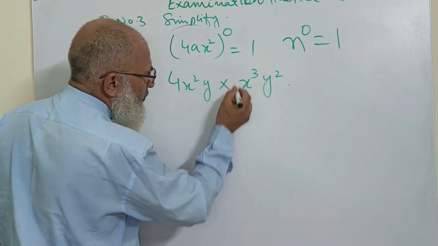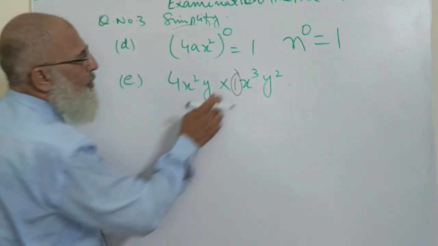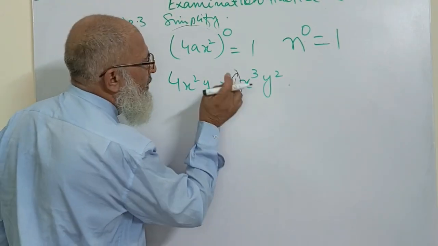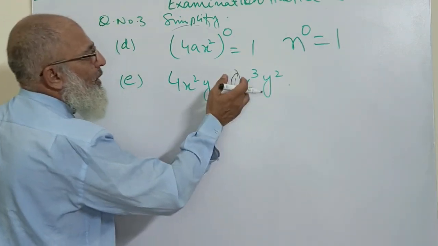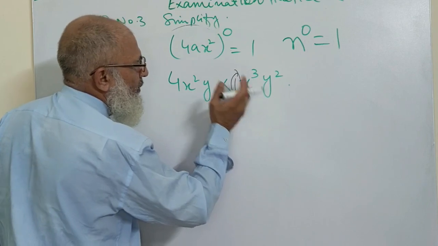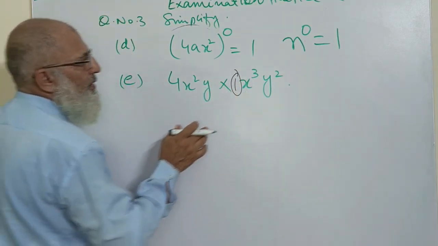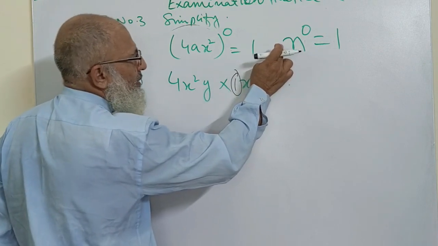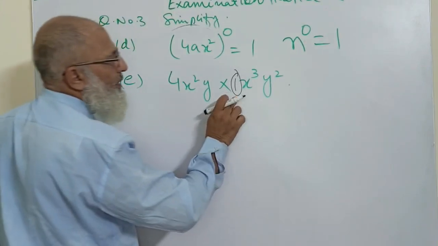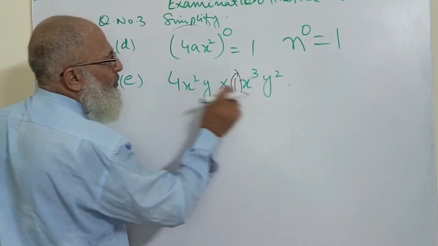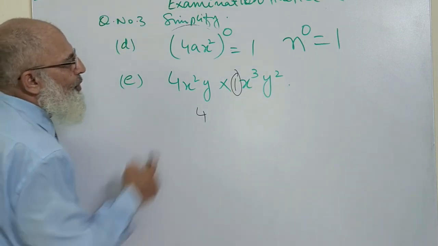Now here the coefficient hidden is 1. We don't write 1 over here because when nothing is written before the variable, it is 1. So 4 multiplied by 1 is 4.